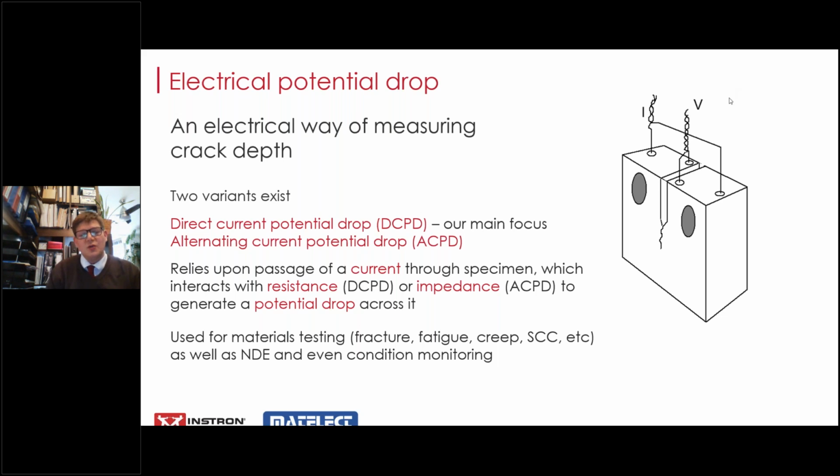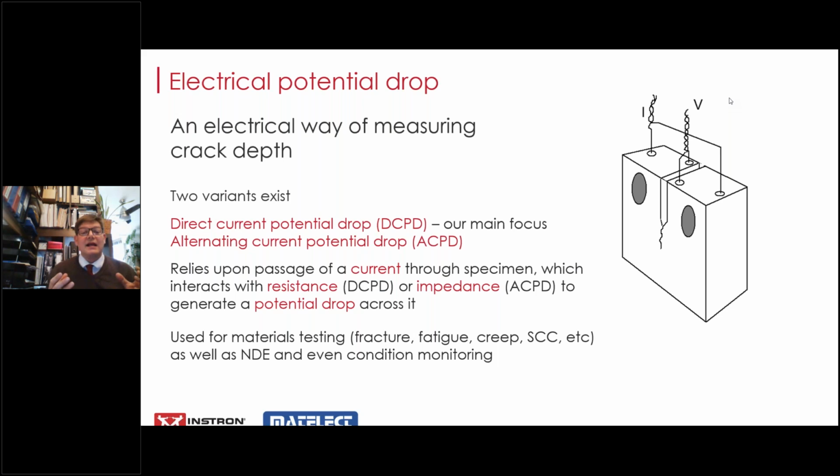There are two definite types of potential drop when we deal with applying this to a specimen to monitor crack growth. There is DCPD, which is simply the flow of the current when it's in a steady state and how that current is affected by the resistance and magnetic properties of the specimen.